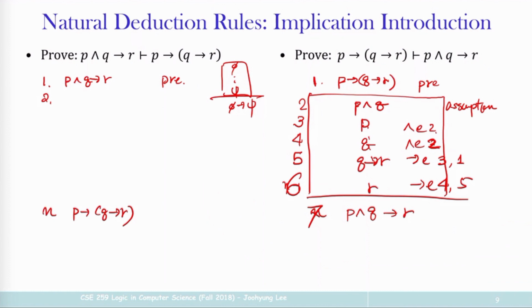So what you are saying is, say line 1 is P and Q implies R. Well, I will derive R here. Maybe that's a good exercise to think about. So I have R, and then I will write R here. What is wrong with this thing? R was inside the box, and I copied R outside the box. This is actually a very common mistake that I see from your submissions.